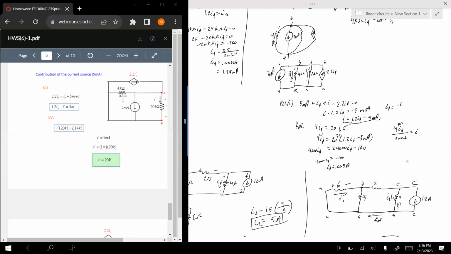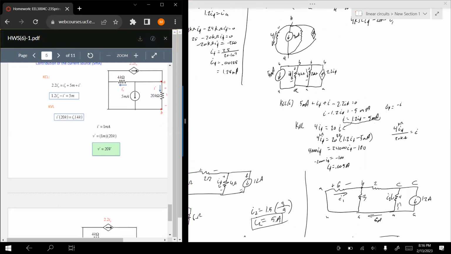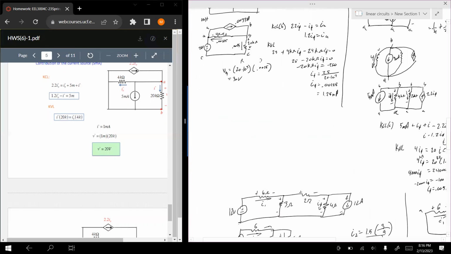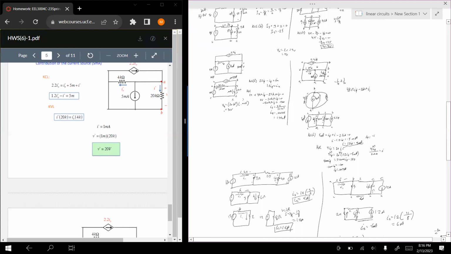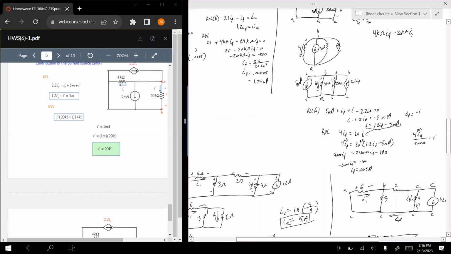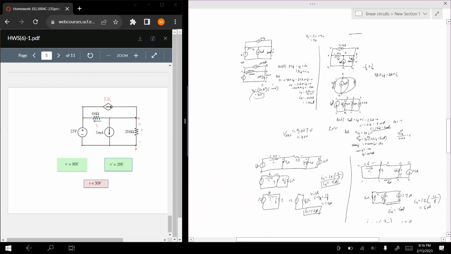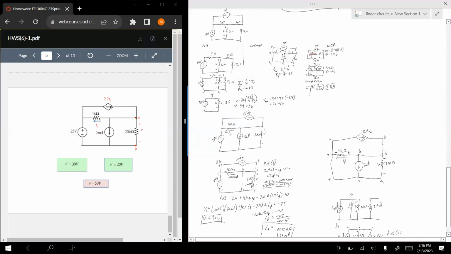Actually, let's not do that yet. So you get the 20 volts here. On the left-hand side I got 30 volts right here. It's really small to read. And on this side, my answer would have been 20 volts. So my net voltage would equal 30 plus 20, which equals 50 volts. That's how the work would play out. It's not too bad. That question is iffy, especially when you start playing with decimals.